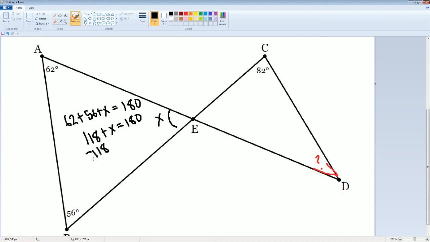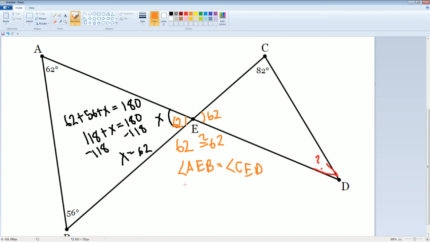Subtract 118 from both sides, you get x is equal to 62 degrees. 62 degrees isn't what we want, but we know that this is 62 degrees. The fact that this is 62 degrees, we know that this is also 62 degrees, because angle AEB is congruent to angle CED by vertical angles.